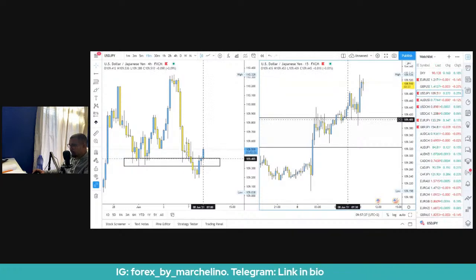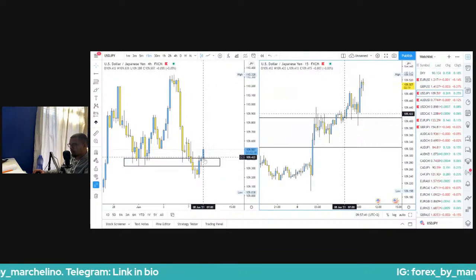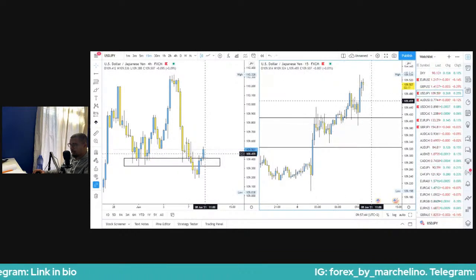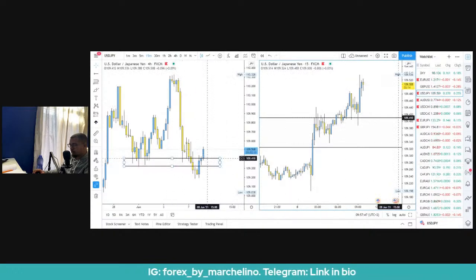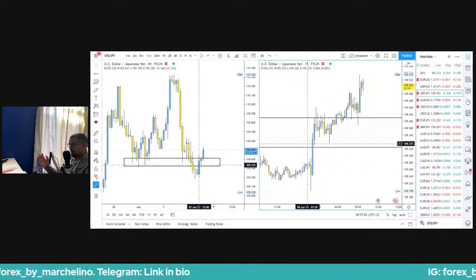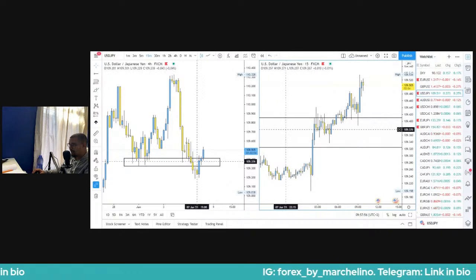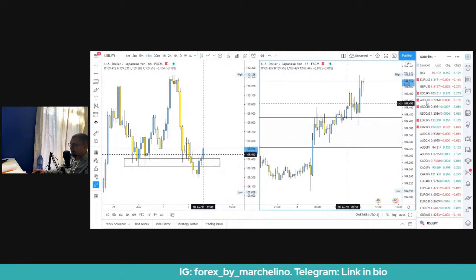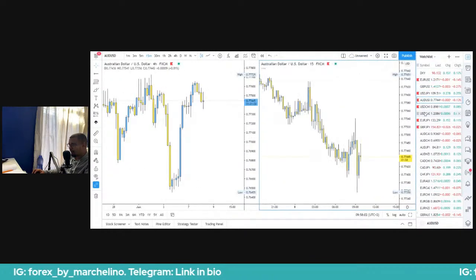Looking like the 4H is looking quite strong too, even though it's the youngest movement in terms of pips compared to these. Look at the overall move. It's the youngest. However, it's something that you could have caught. You know what I mean? It's definitely something that you can catch.